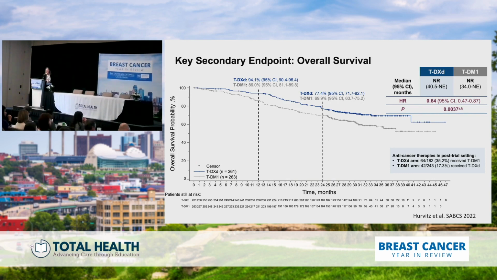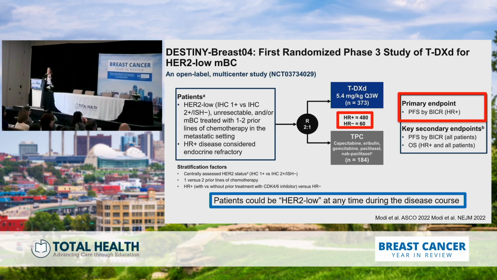There were a number of presentations, improvement in progression-free survival, but potentially most compelling, this massive improvement in overall survival with a hazard ratio of 0.64, so a 36% reduction in the risk of death in favor of trastuzumab deruxtecan. So this was really exciting data and displaced TDM1 in the HER2 positive setting.